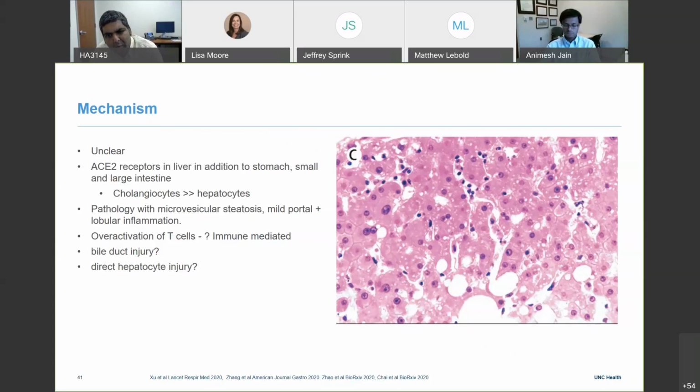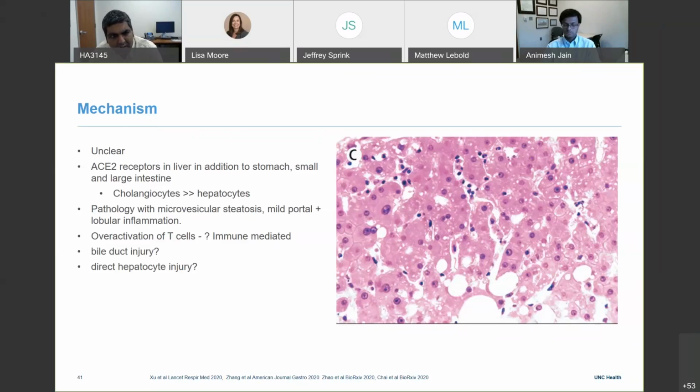So, when we're trying to extrapolate from this case report the pathophysiology of how this is happening, when we see microvesicular steatosis, that is usually indicative of mitochondrial disease. So if there's any direct virus implications on the mitochondria, maybe that's affecting the health of the hepatocytes that way.